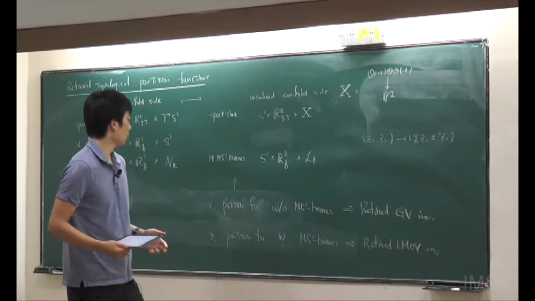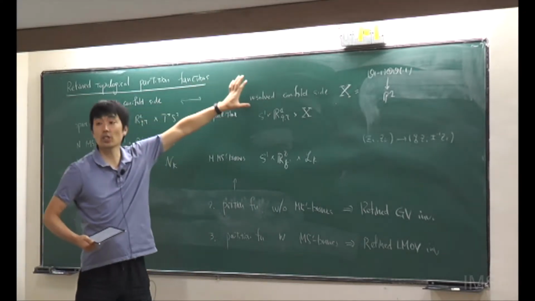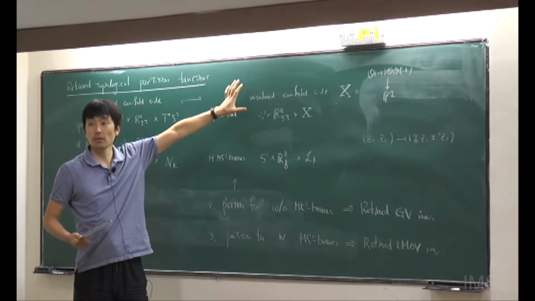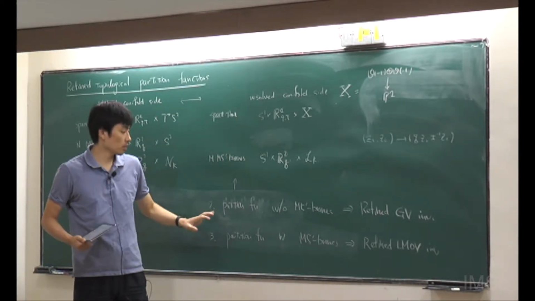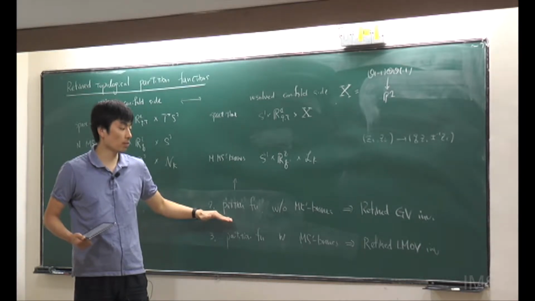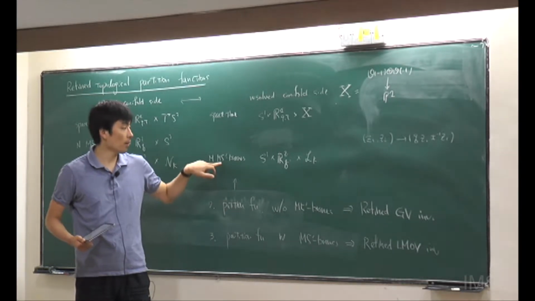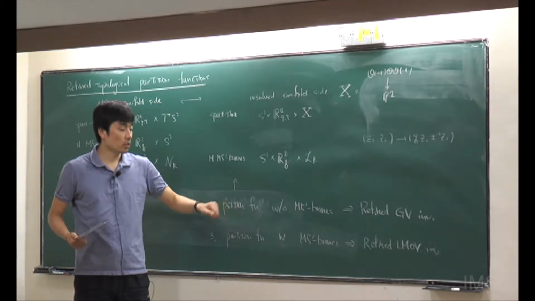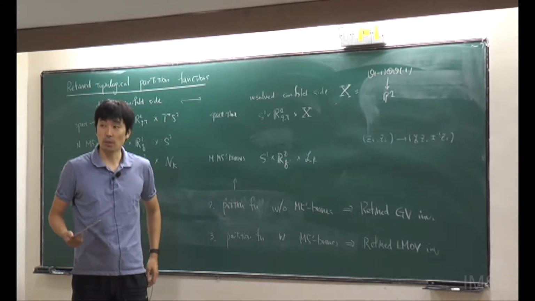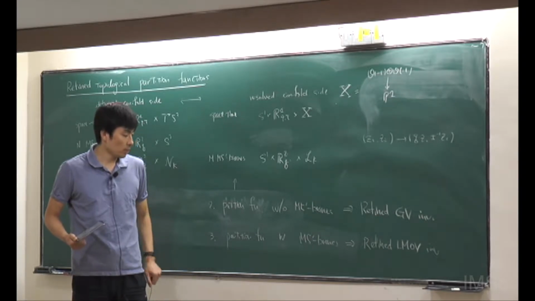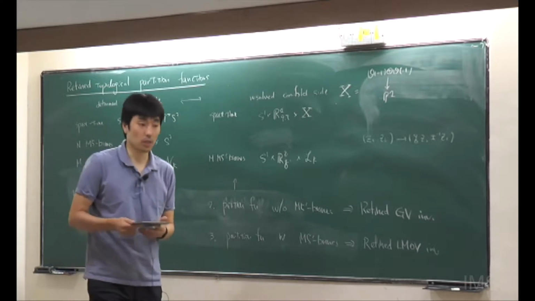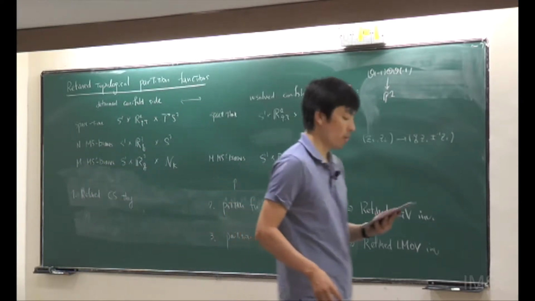I'm going to talk about how you compute the topological string partition function on the resolved conifold. First, the partition function without M5 branes, which will lead to the refined Gopakumar-Vafa invariants. And the partition function with M5 branes will give you the so-called refined Ooguri-Vafa invariants.